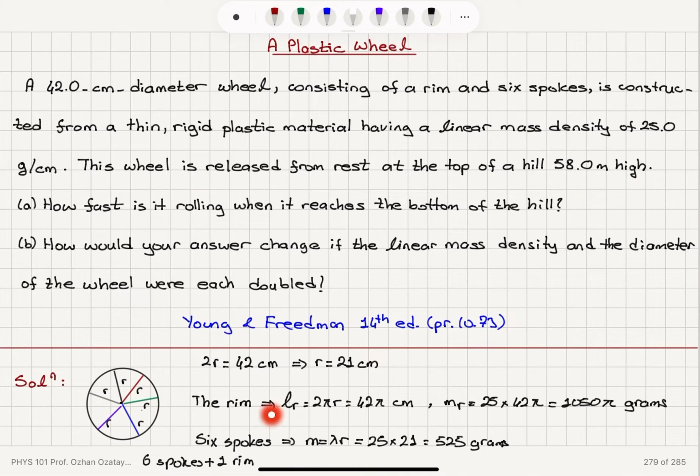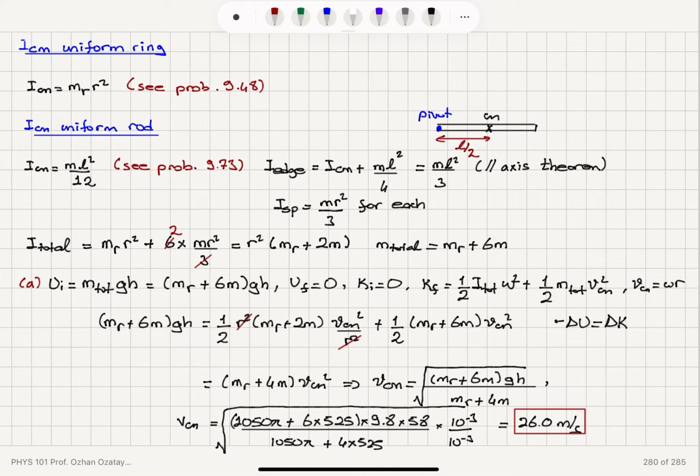So I see that the rim has a length 2 pi r, so it's going to be 42 pi, and its mass is lambda times that length, where my lambda is 25.0 grams per centimeter. So I multiply by lambda and obtain the mass of the rim. For each spoke, which has length r, the mass of a single spoke is lambda times r. For 6 spokes and 1 rim, we have to add the contribution from the 6 spokes and the rim.